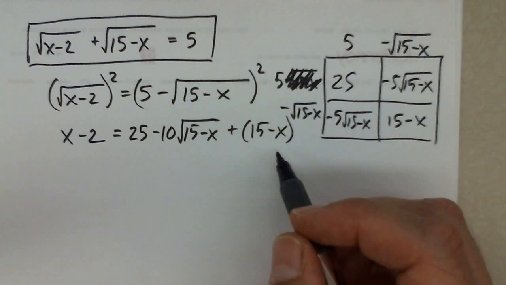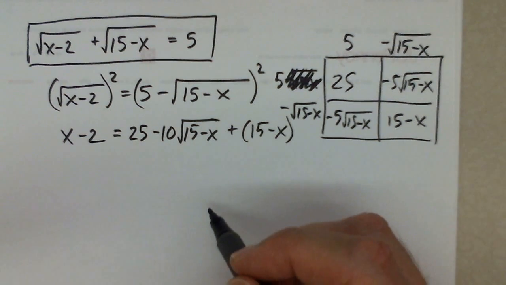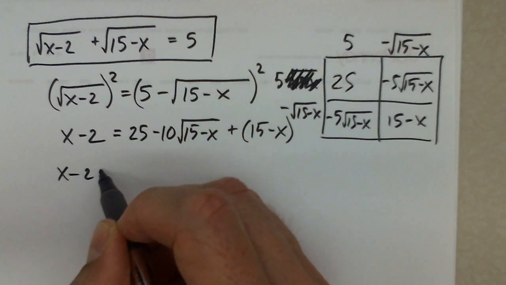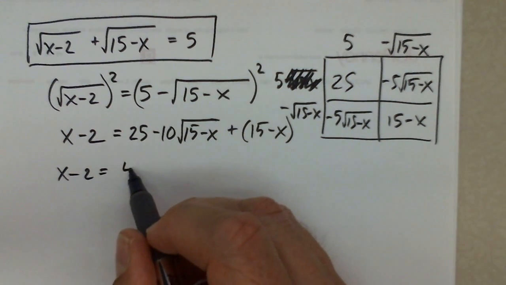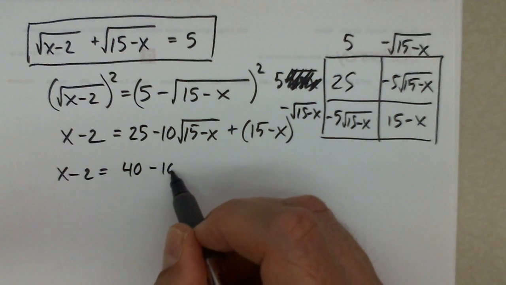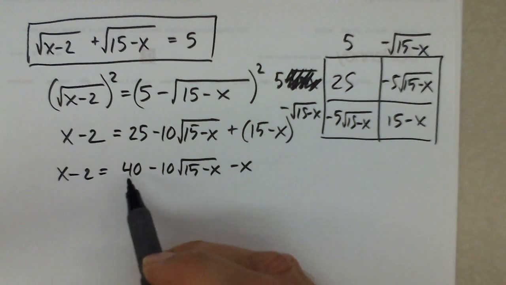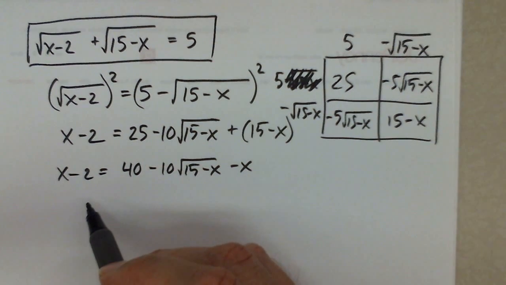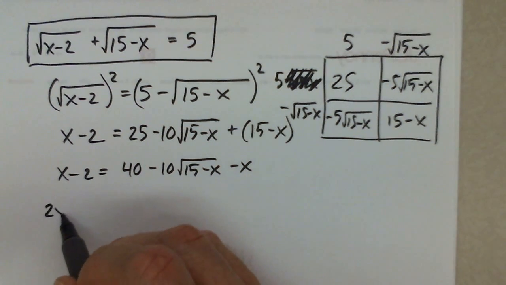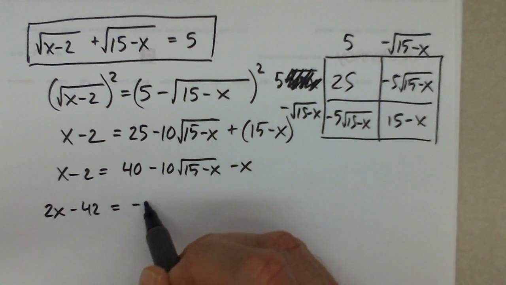Then we have to get this by itself and square this. So we're at 25 plus 15, 40. And then we're going to minus 40 and add x. So we should end up with 2x minus 42.